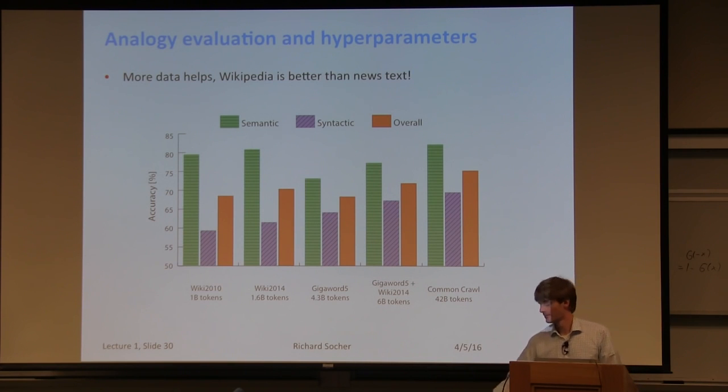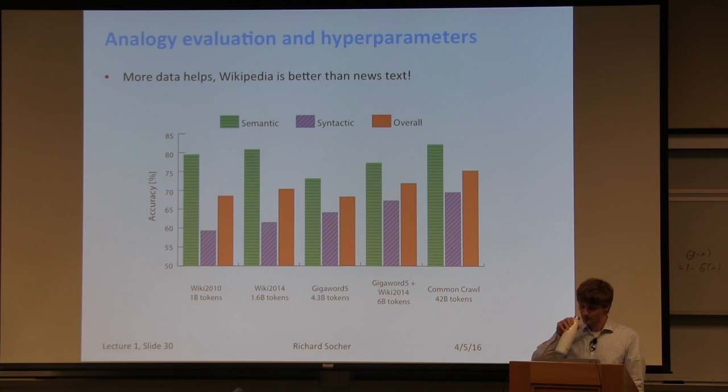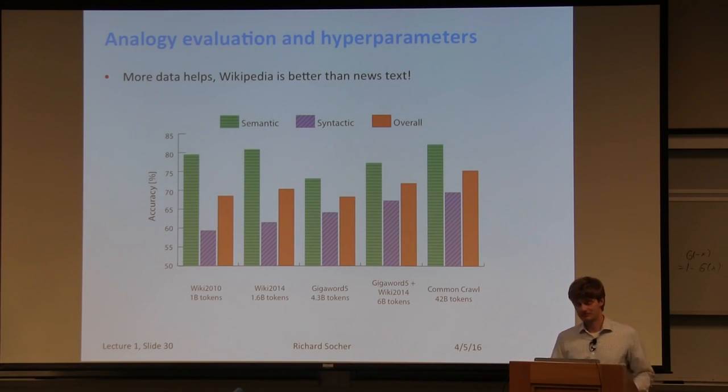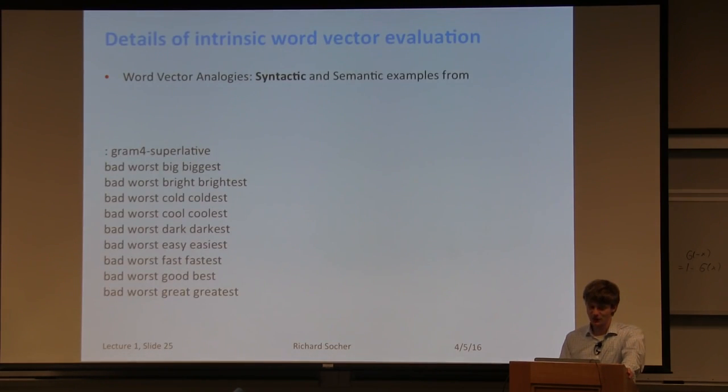Yeah? Do we know why syntactic tasks are harder, it seems, than semantic? Why syntactic are harder? We have no nice proof for it, but basically you might not see all these different adjectives, for instance, together or in general as frequently.